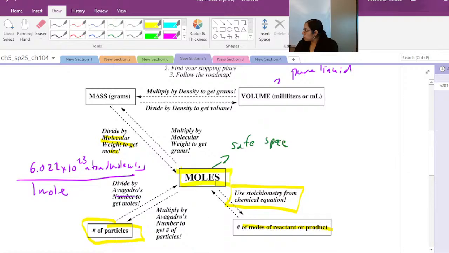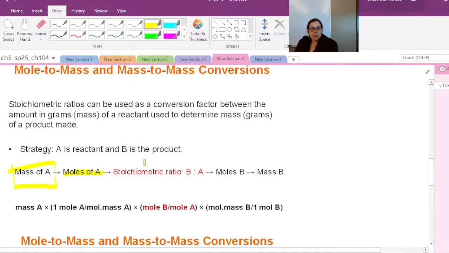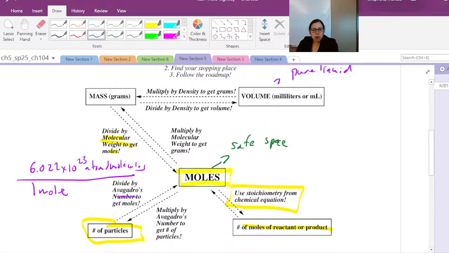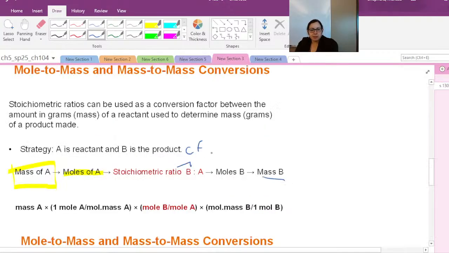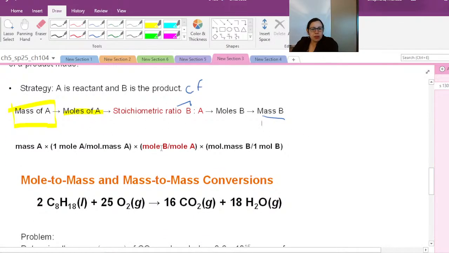We always want to get to moles. Then we have our ratio, or conversion factor, between A and B, and we convert to moles of B. If we need to go back to mass, we multiply by our molecular weight to get grams, since usually the problem will want us to calculate a gram amount. This is the math setup of what we've been practicing.